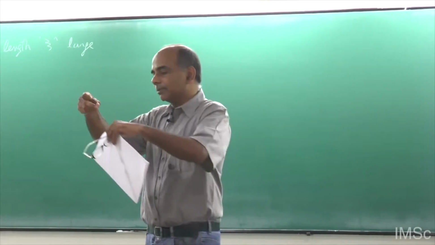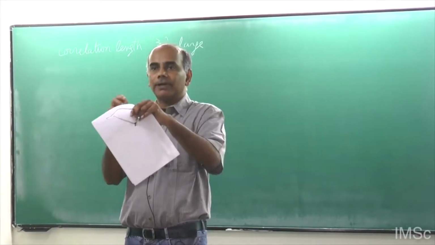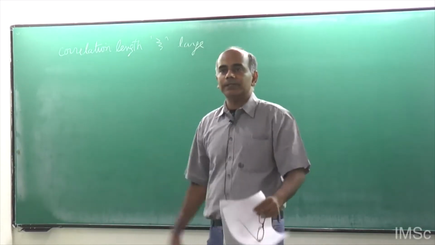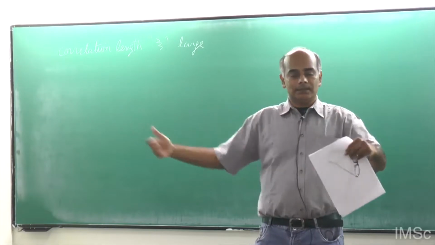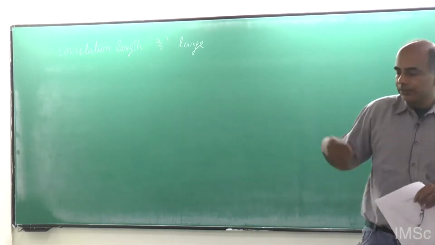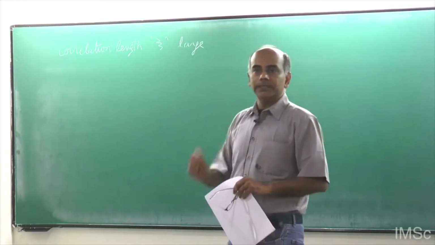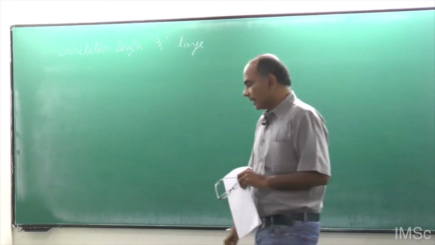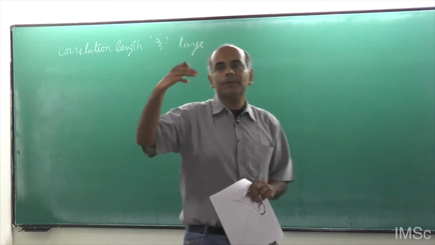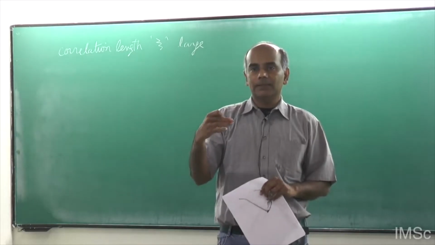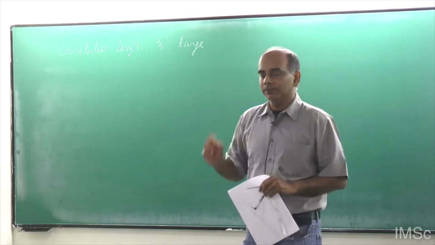So the idea is each time you do this blocking, the distance between 2 points increases, let's say, by a factor of 2, and you keep doing it till you reach the correlation length. At that point, you have a Hamiltonian, and there are no correlations on a larger scale, so it becomes like a hydrodynamic problem. You can just write down equations of motion and study that problem. Okay? And then we said that the crucial thing here is the map from one Hamiltonian to the next. The importance lies in that map, and then you can study the fixed points of that map and so on.